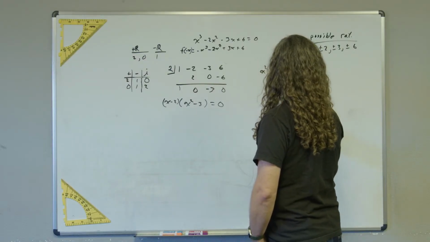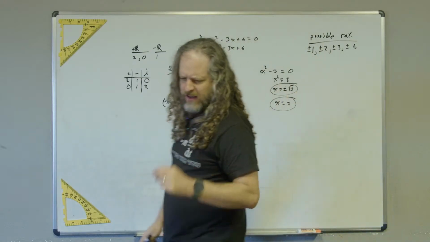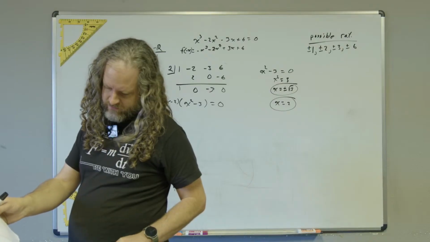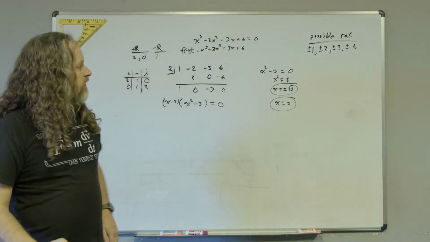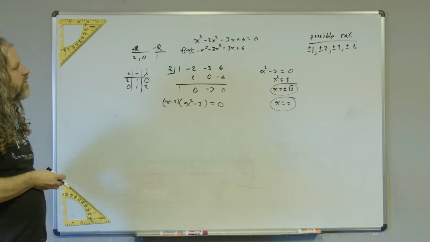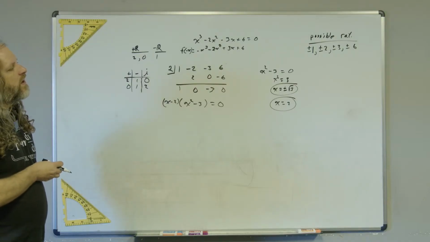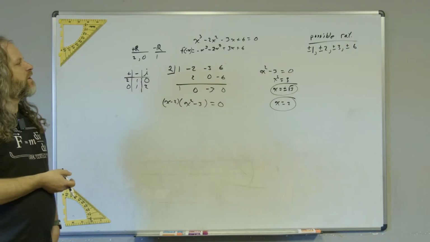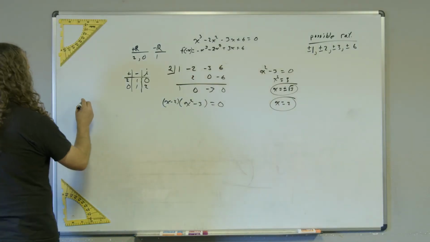X equals 2. Are we supposed to write the factored form? It didn't ask to write the factored form, right? Just asked to find the zeros? Yes. So there it is. That's great. That's glorious. And we're finished, right? That's how you would expect to solve it with this one. We could also solve it a different way.